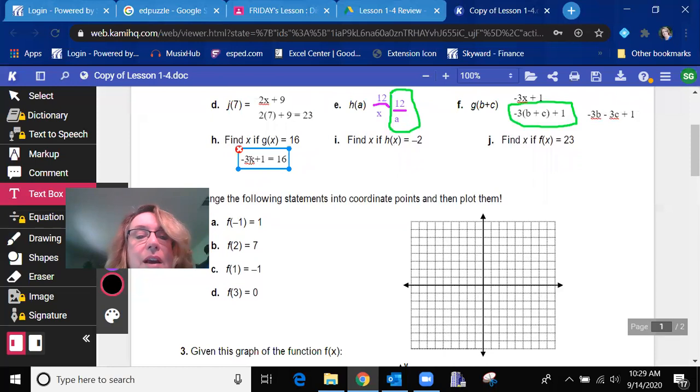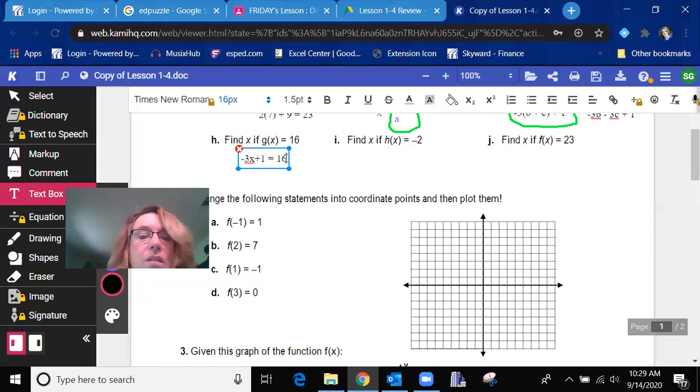So I have to treat that like an equation. If this is my x, I have to look around the x to see what's the next thing to do. Are we going to get rid of the 3, the x, or the 16? The x. Well, we're going to leave the x, and we have to get rid of that 1 first.